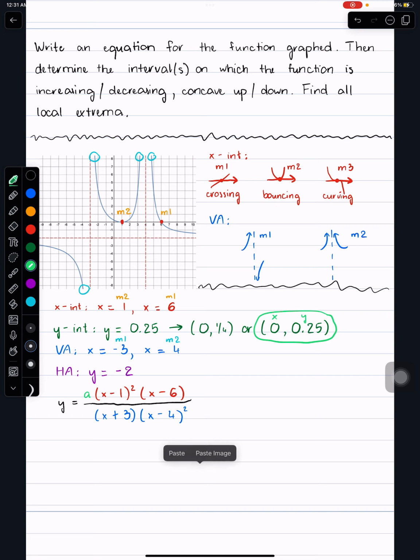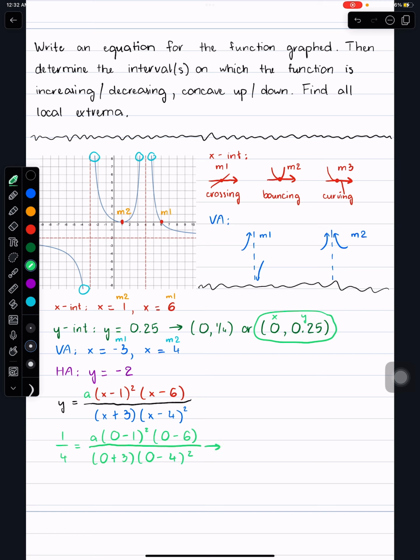We're gonna get 0.05, or if you want to, you can do a fourth, either way, equals A, and then the x in here would be 0, so you plug in 0 in for wherever you have x. All right, and then in here we have 0 plus 3, 0 minus 4, square, and fraction bar.